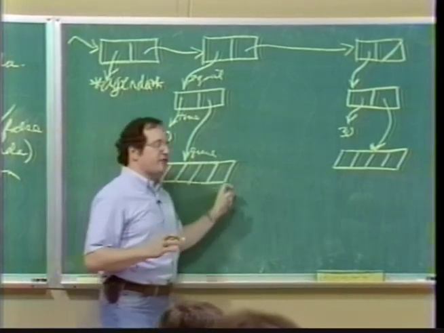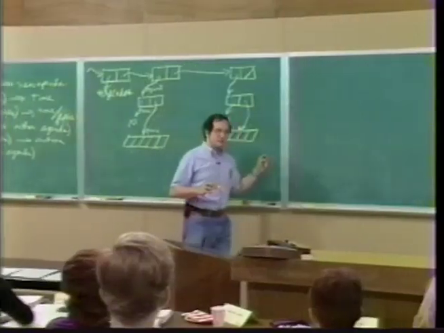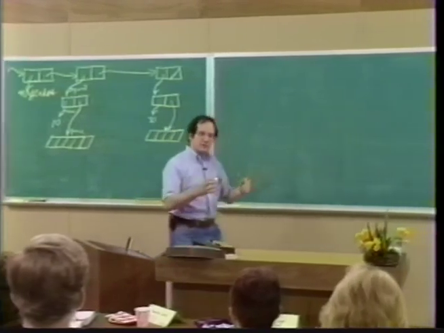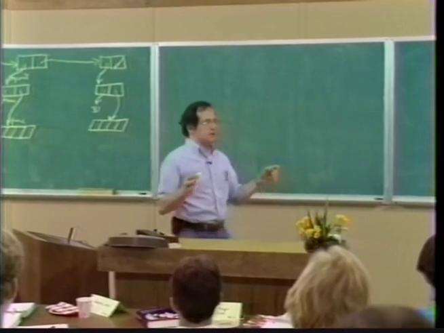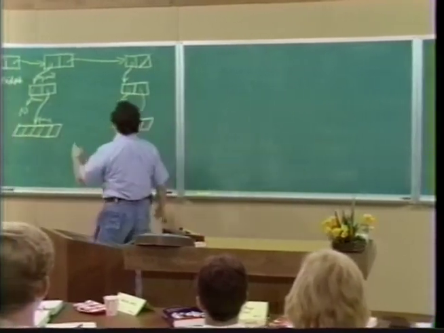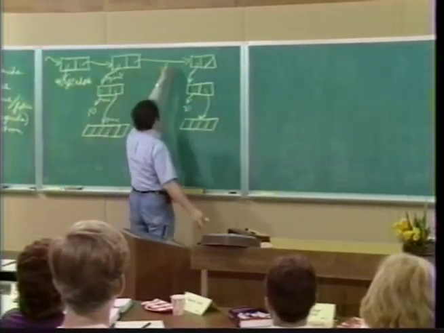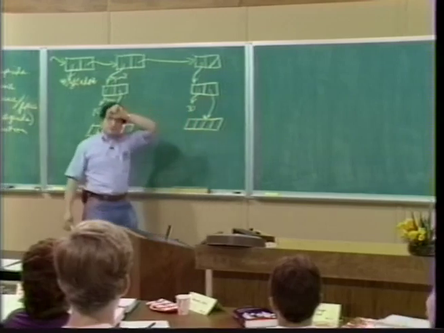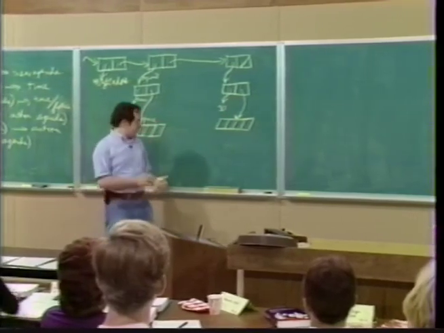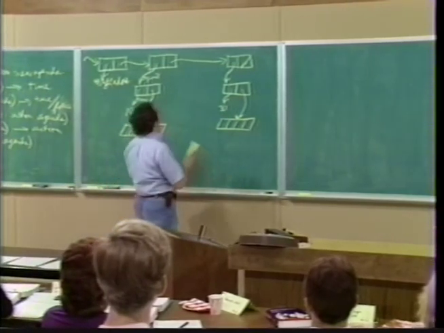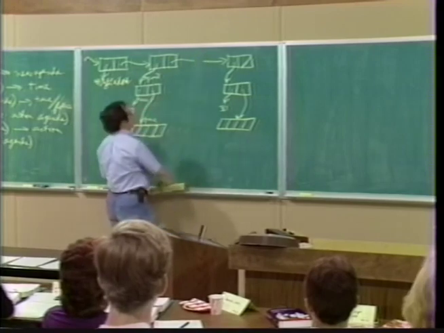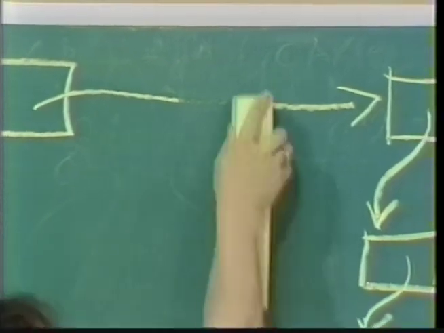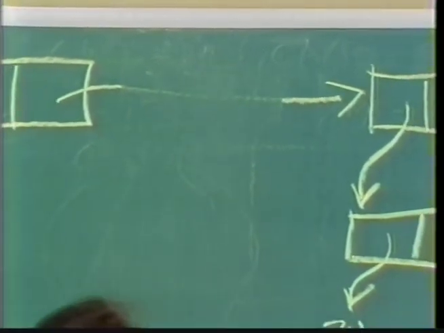Now, supposing I want to add something to be done at time 20. There's no segment for time 20. I'm going to have to create a new segment. I want my time 20 segment to exist between time 10 and time 30. Well, that takes a little work. I'm going to have to do a cons. I'm going to have to make a new element of the agenda list of segments.